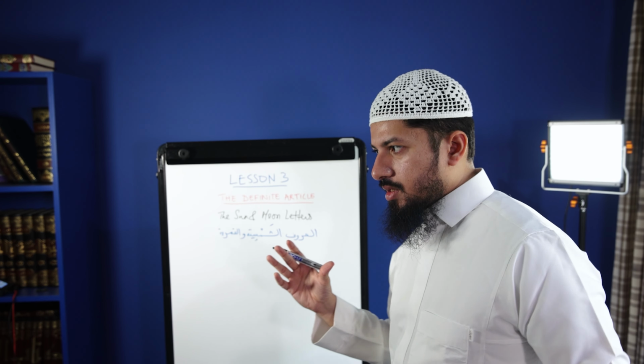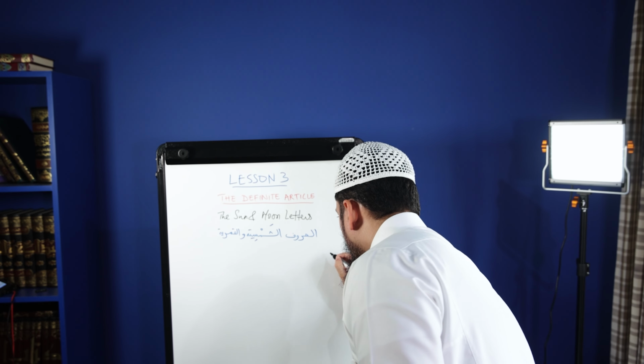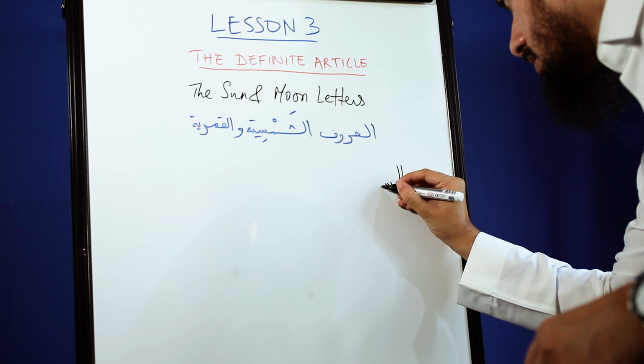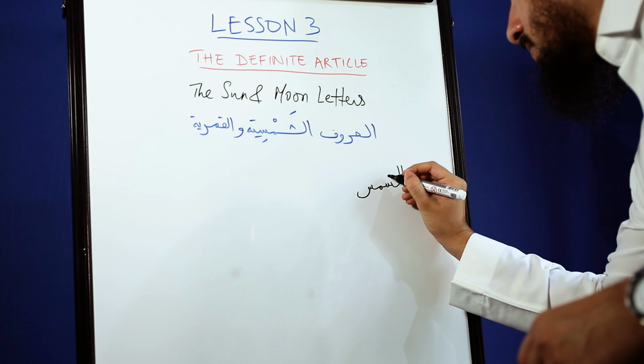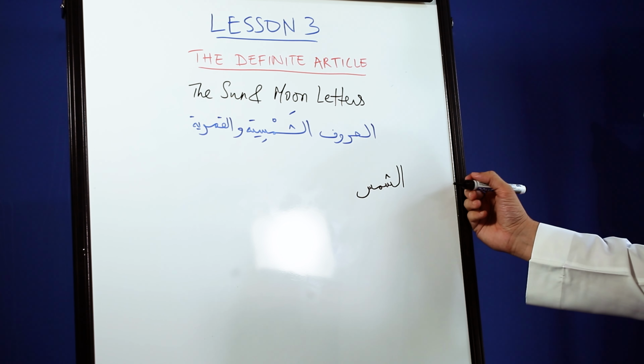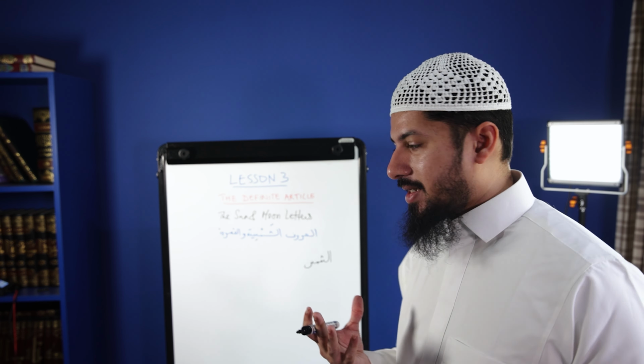Certain letters are pronounced as in ash-shams. So we have the alif lam and then the sheen, ash-shams. As you might have noticed, I am not pronouncing the lam distinctly.